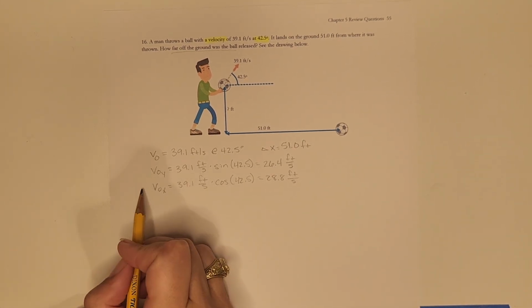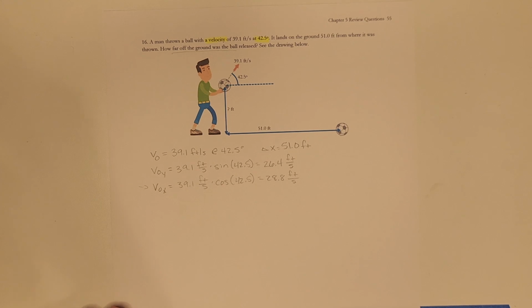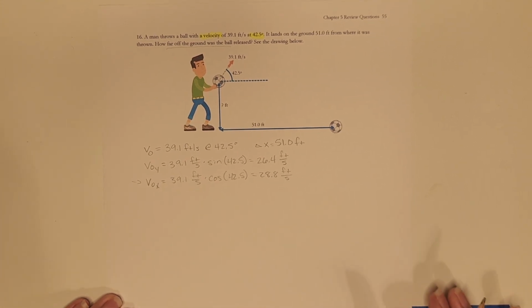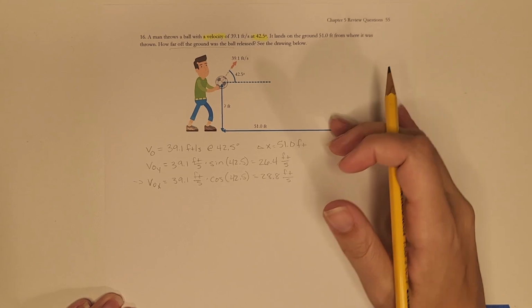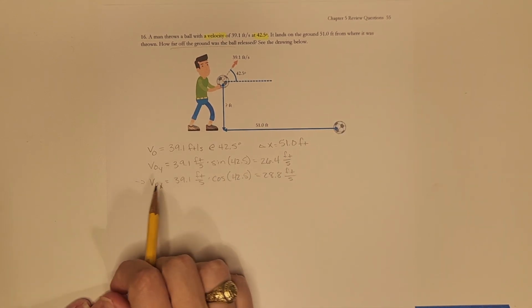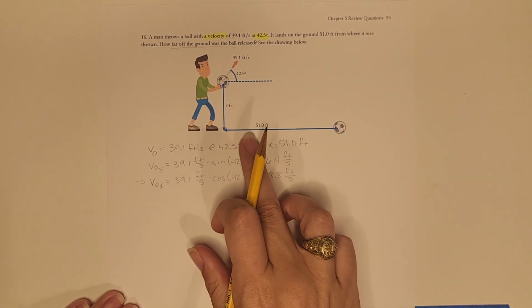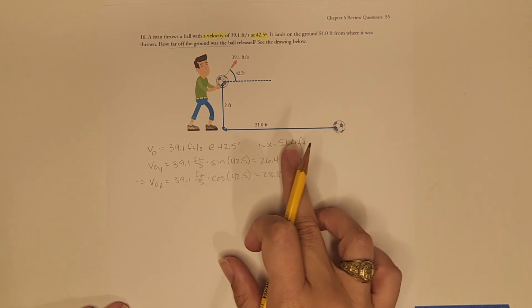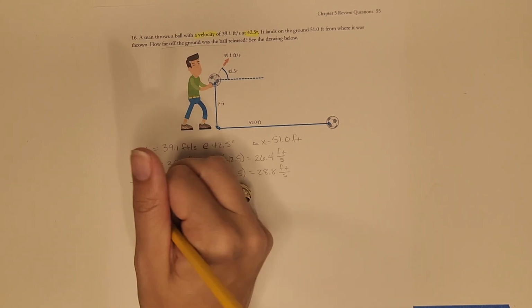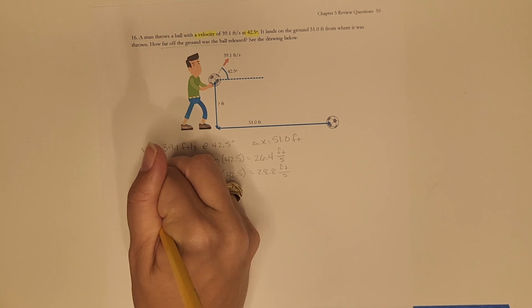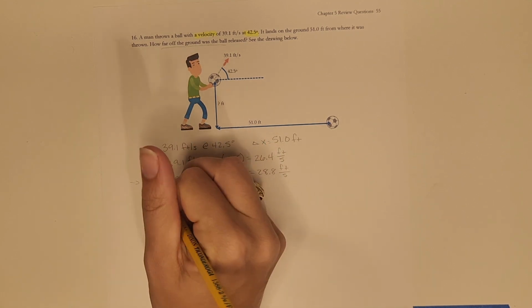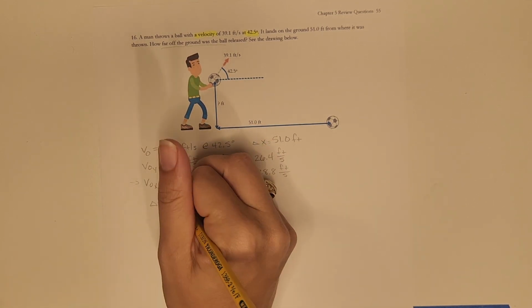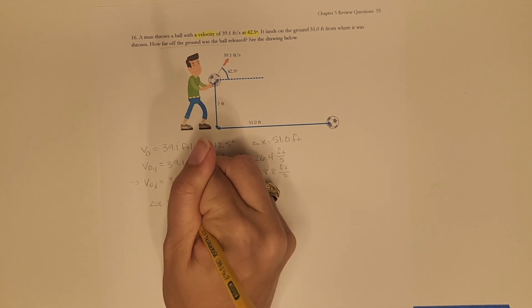So I'm going to start here, and what I really need to figure out is time. I have velocity, I have the total displacement from an x standpoint, and I don't have time. So let's use the equation delta x equals velocity times time.